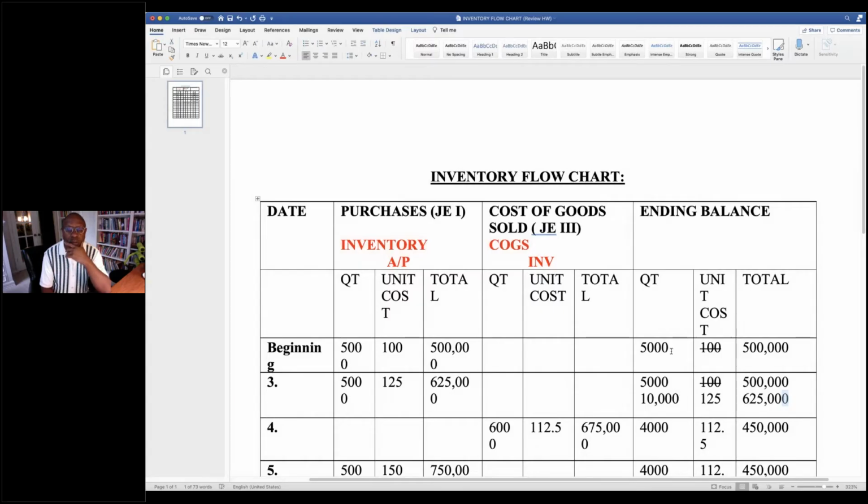We don't have to bring it down again. This is supposed to be 125 here. This is supposed to be 625.